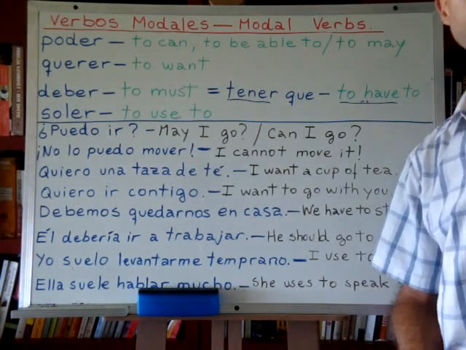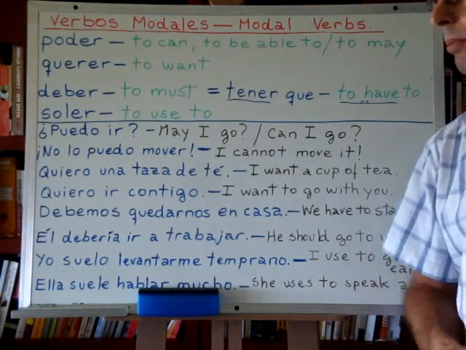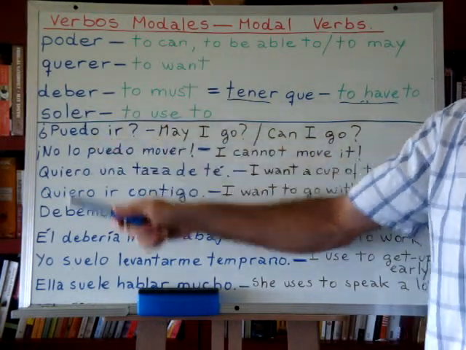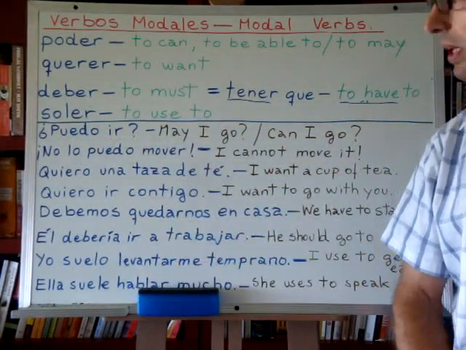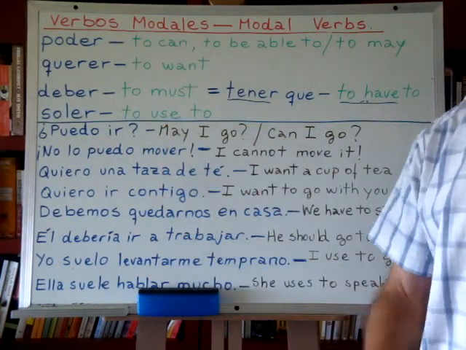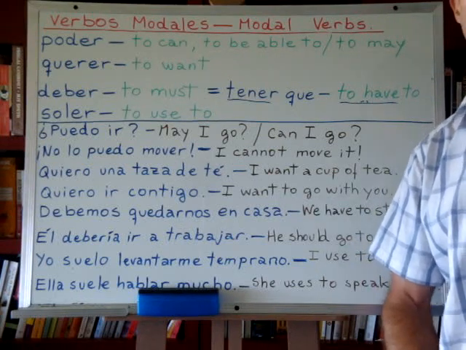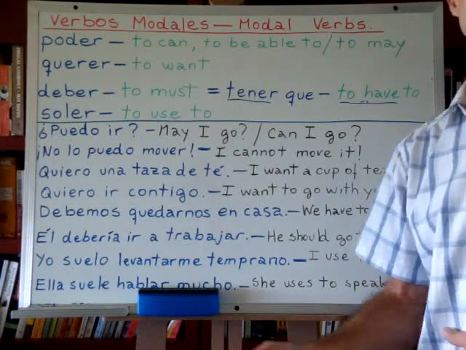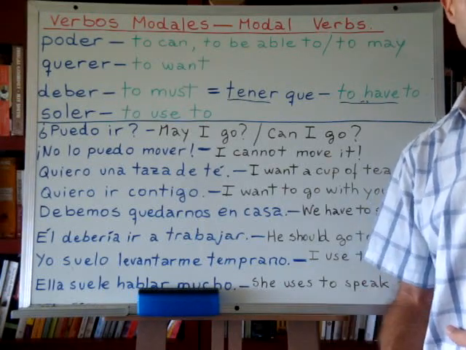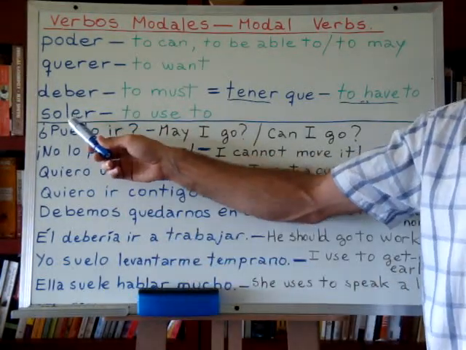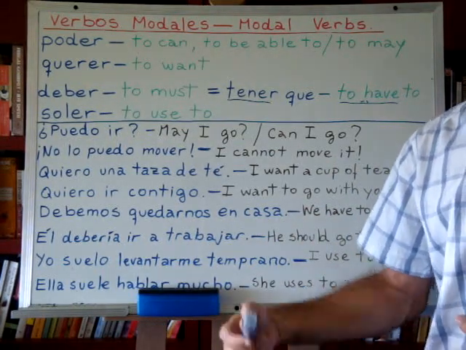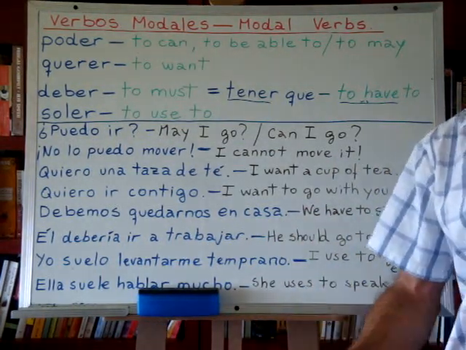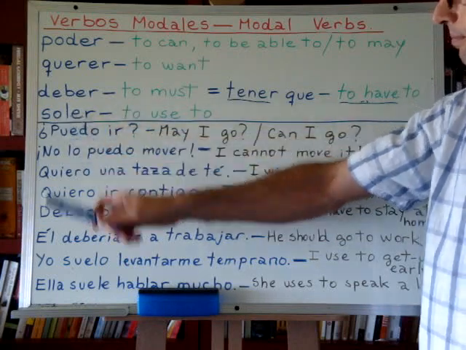And our fourth and last modal verb will be soler, which means to used to, okay? For example, I used to eat meat. Yo suelo comer carne. I used to get up early. Yo suelo levantarme temprano. Soler.